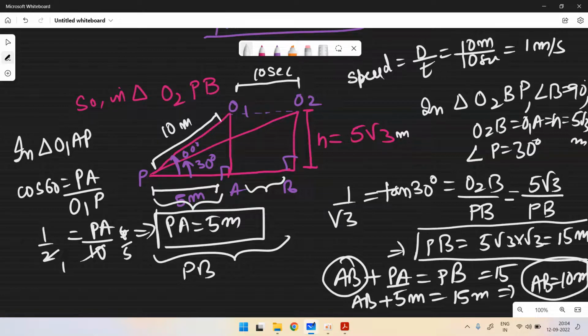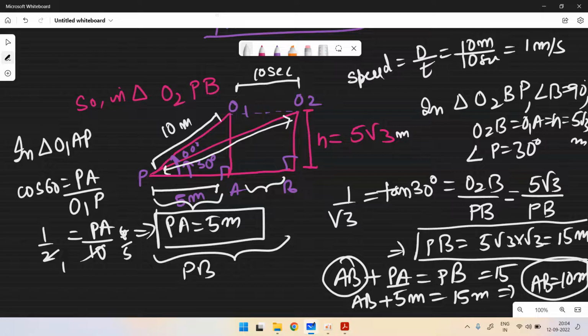It can also ask that find the line of sight distance of the balloon from point P after 10 seconds. So you just need to calculate O to P, that is this distance, which is nothing but, if you apply perpendicular by hypotenuse, sine of 30 degree.